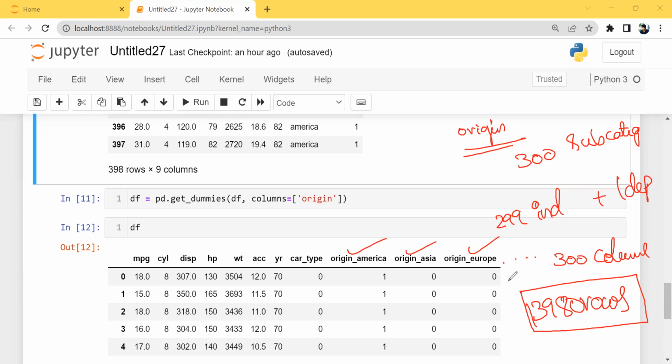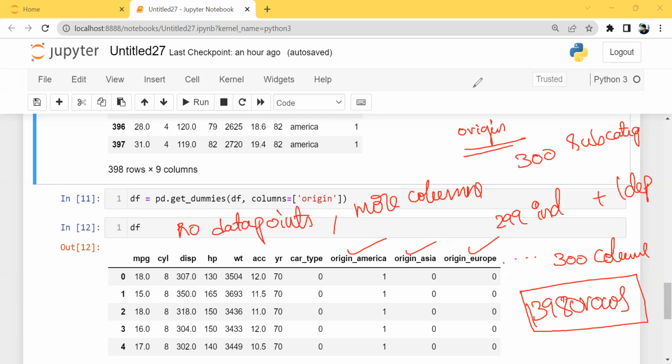So this is a scenario of the curse of dimensionality: if we don't have enough data points or rows, but have more columns, then you can call it a situation of curse of dimensionality.